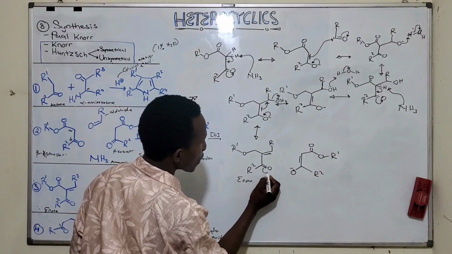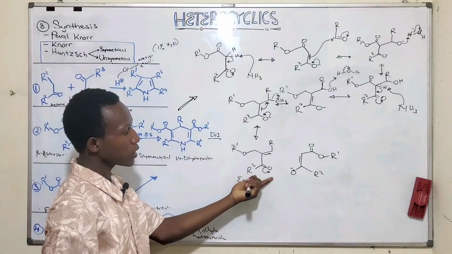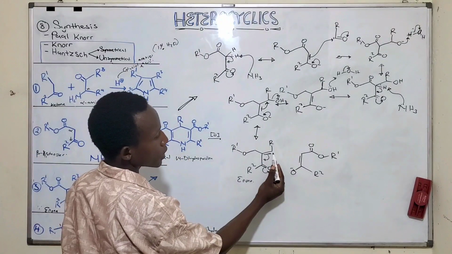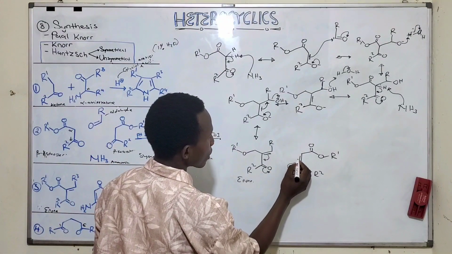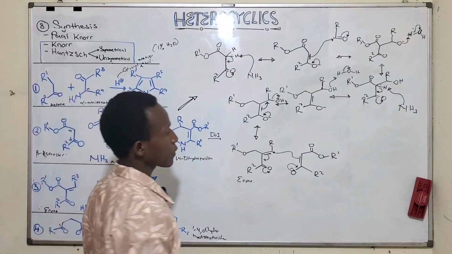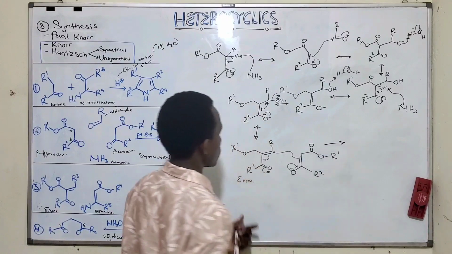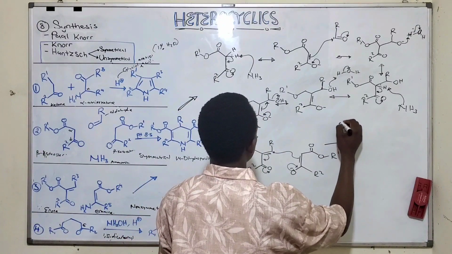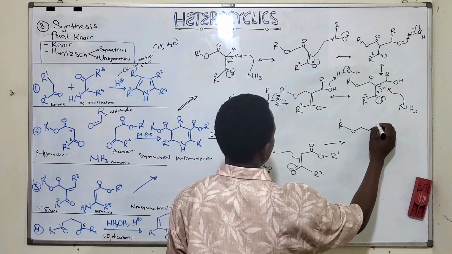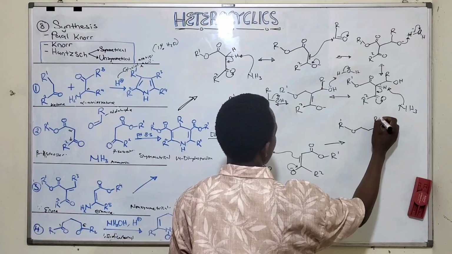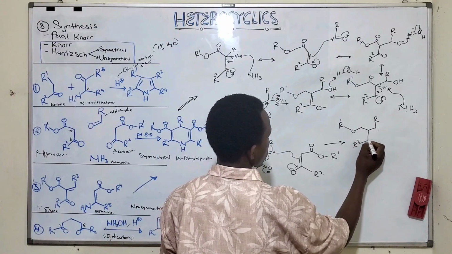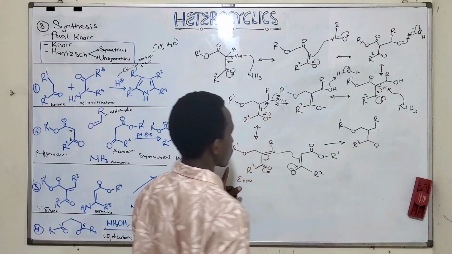So this one, as it takes electrons, it's electronegative, creates a carbocation. This one forms a bond, creating carbocation here. As this one forms a bond back, now this one will attack the carbocation. So we shall have R1, R, then here R2, O minus.